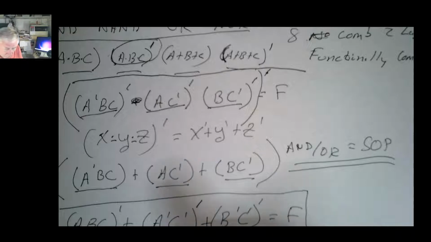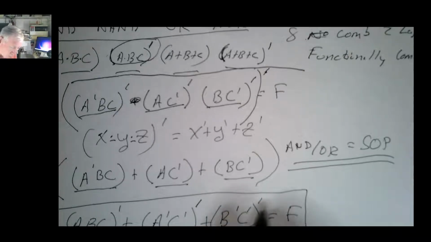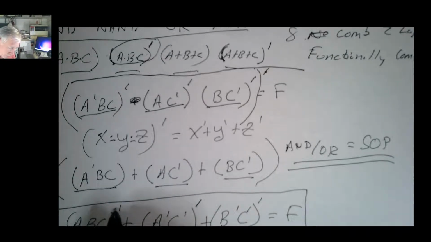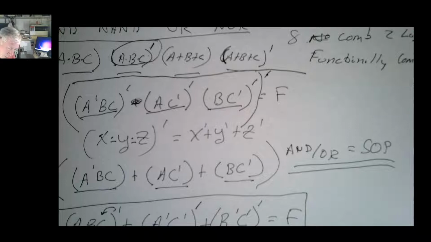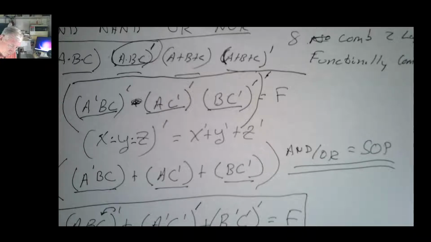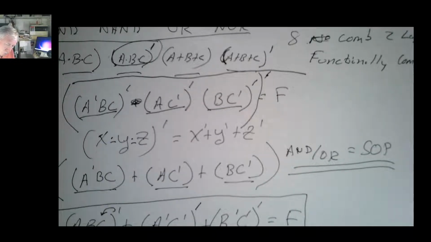Now let's see what happens if we try and simplify this. Well, the first thing we do is just take these ticks in here, and that would give us A prime plus B prime plus C prime quantity plus A plus C quantity plus B plus C quantity equals F. And you can take away all the parentheses and you just wind up with A prime plus B prime plus C prime plus A plus C plus B plus C equals F. Okay, this is just one big OR gate.